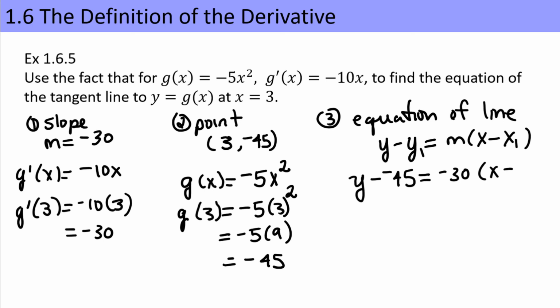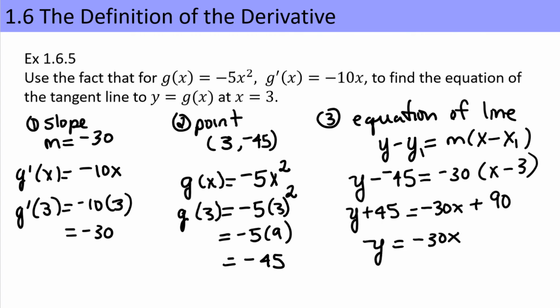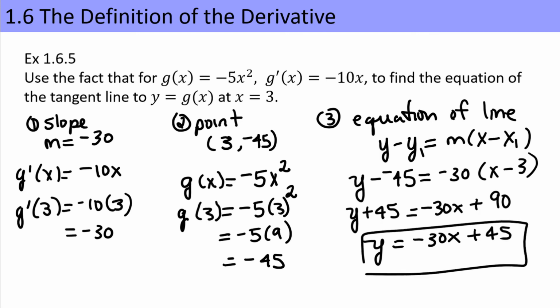And then x minus, we were given the actual x of the point, which is 3. So we can write this as y plus 45 equals, distributing negative 30 times x, negative and negative gives us a positive 90. Solving for y, you get negative 30x. Subtract 45 from both sides. 90 minus 45 will give us a positive 45, and now we have the equation of the tangent line.